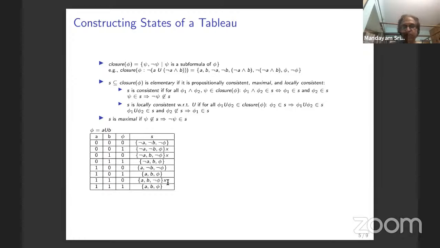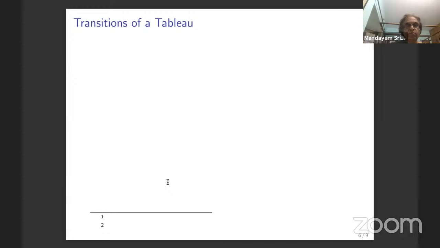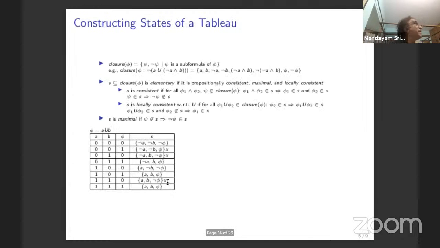There are some examples of LTL where the lower bound for the tableau is exponential. That is one of the intuitions behind LTL model checking being PSPACE-complete. Okay, so that is for states.